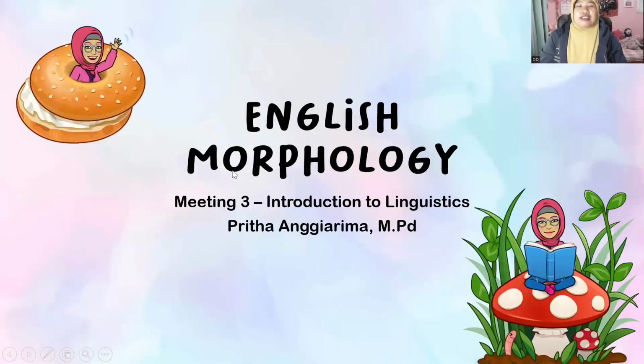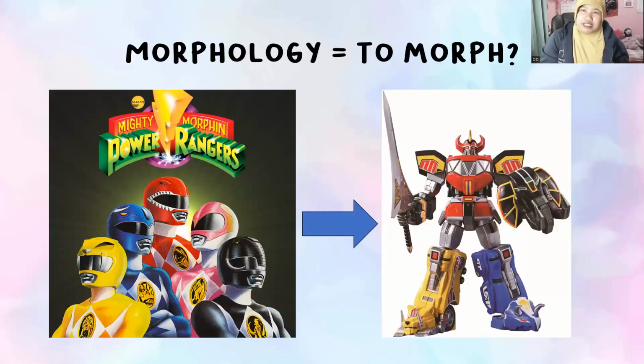So in English morphology, you will discuss how words are formed. So starting with this definition, if you want to morph something, do you still remember this cereal back when you were kids? Or you haven't heard about this before? So how to morph something?